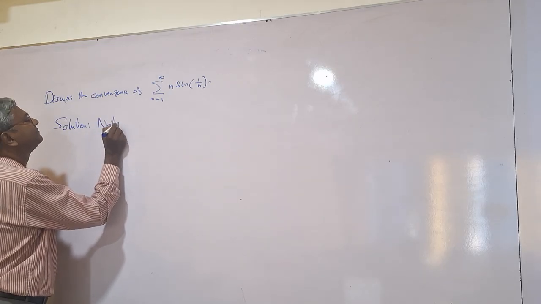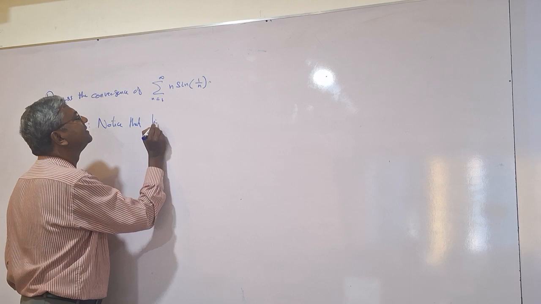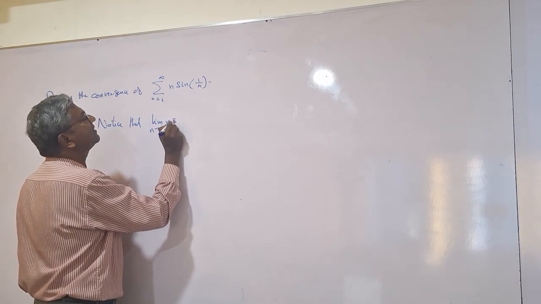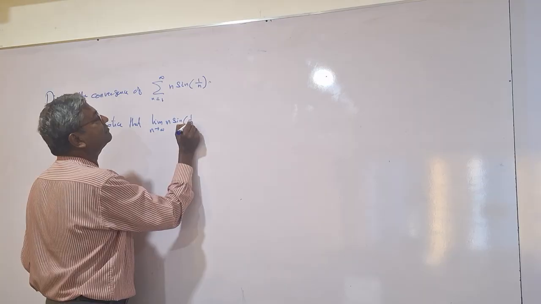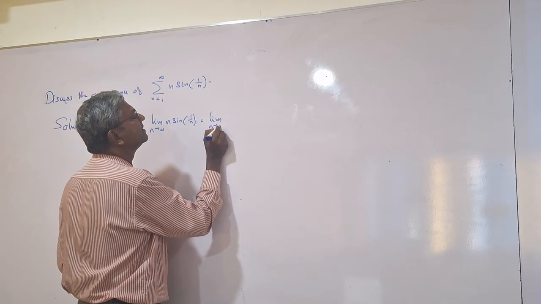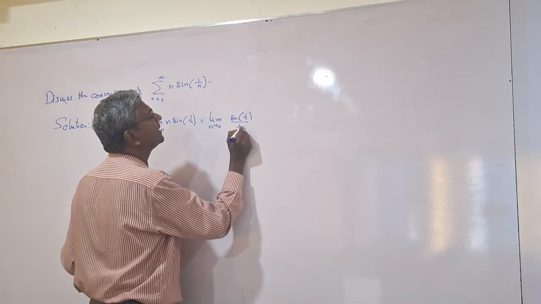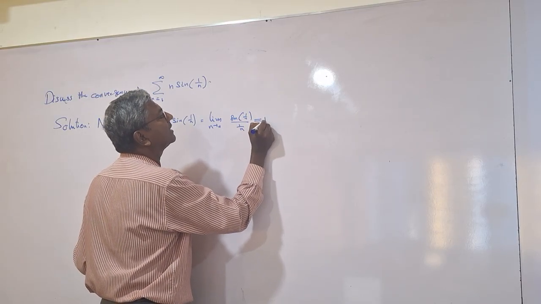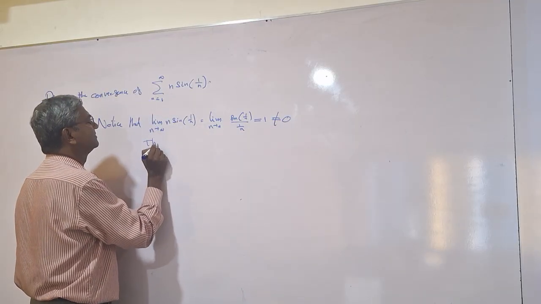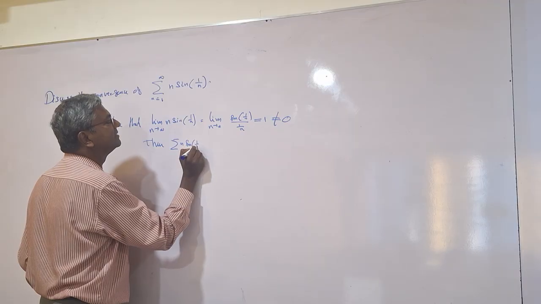Notice that the limit as n tends to infinity of n sin 1 over n is the limit as n tends to infinity of sin 1 over n divided by 1 over n, which is equal to 1, not equal to 0. Thus n sin 1 over n diverges.